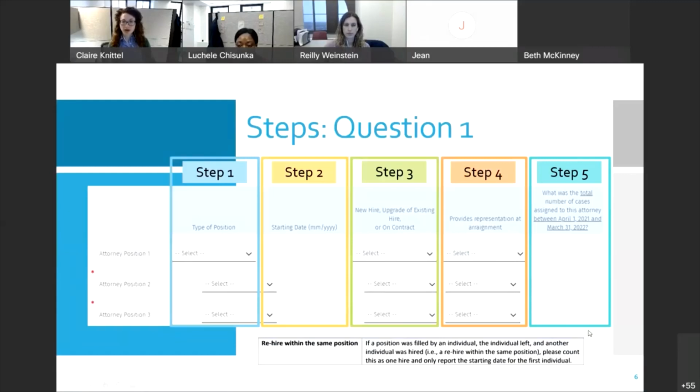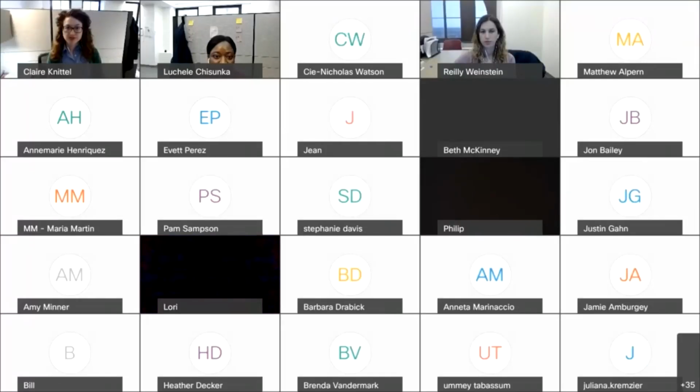Rehire within the same position. If a position was filled by an individual, the individual left, and another individual was hired, i.e. a rehire within the same position, please count this as one hire and only report the starting date for the first individual. So just the start date for the first one.